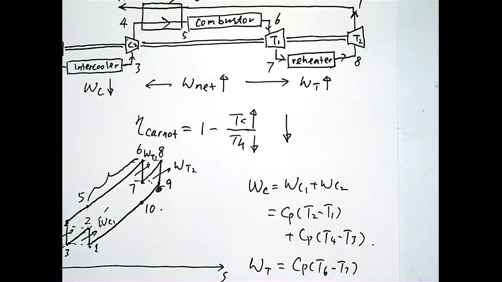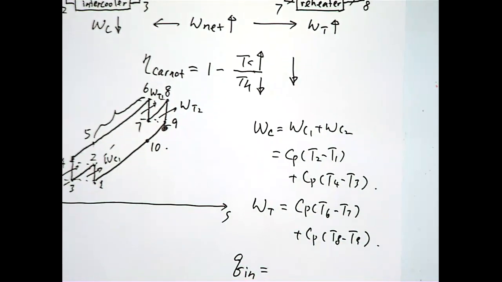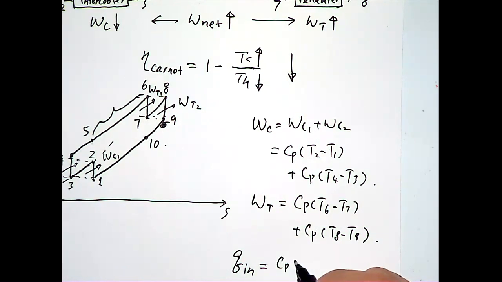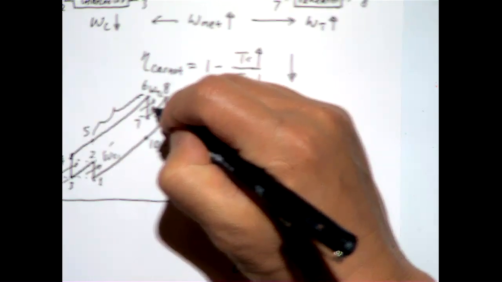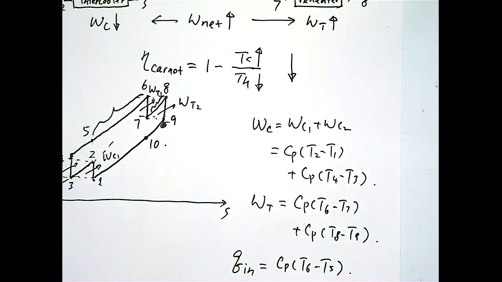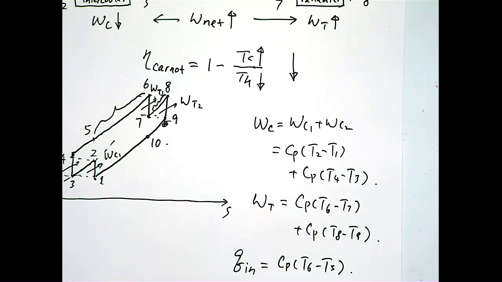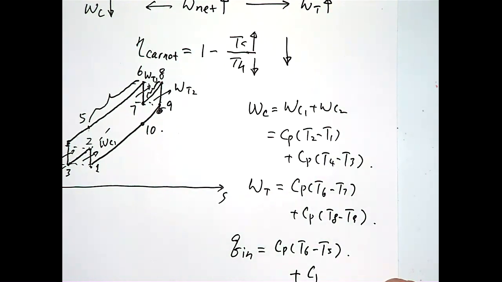So the heat is only added in terms of CP (T6 minus T5). That's the heat added in the combustor. We also have the heat added at the reheater, right? So that's another component of the heat addition: CP (T8 minus T7).